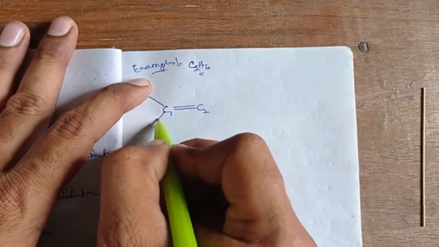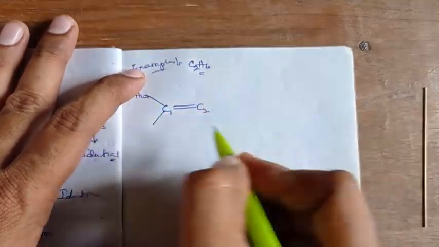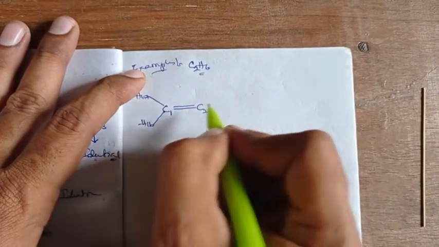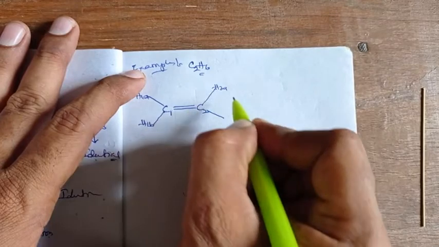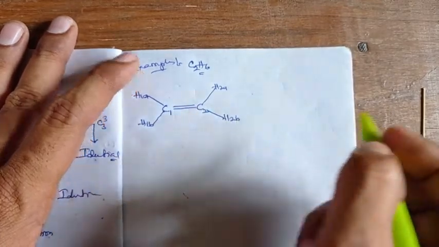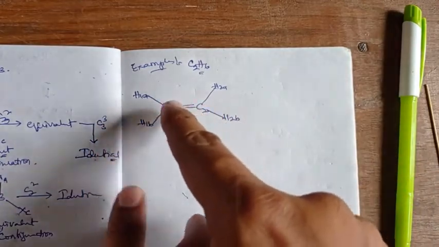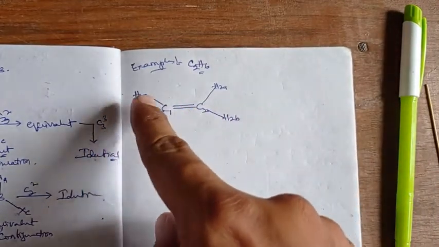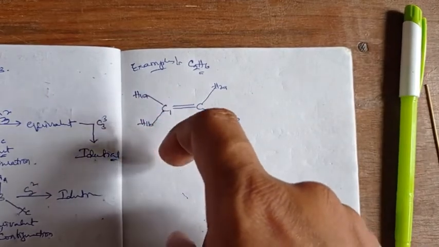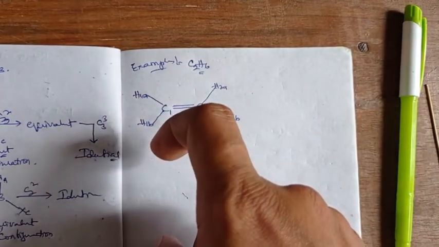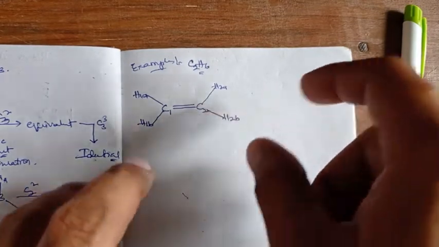This is how the molecule looks. The labeling of the molecule we can do like this: the similar carbons are numbered 1 and 2, and the hydrogens are labeled A1A, A1B and A2A, A2B. Like this we have labeled.